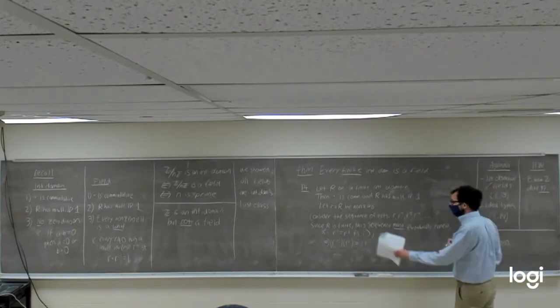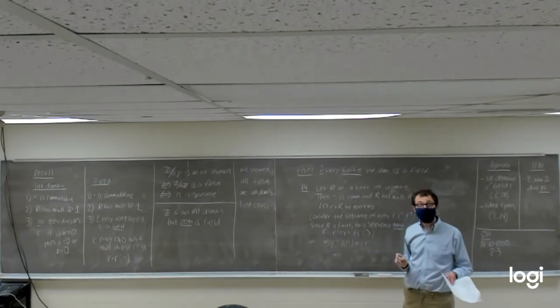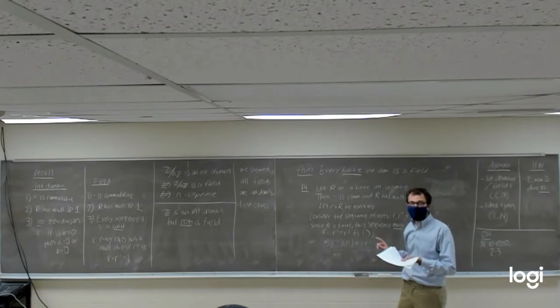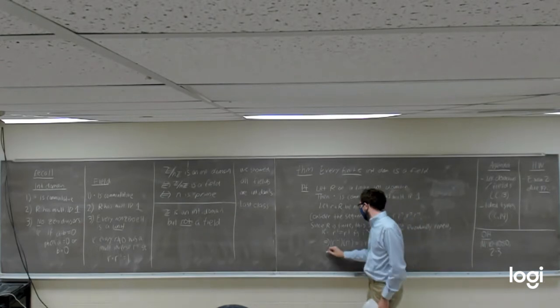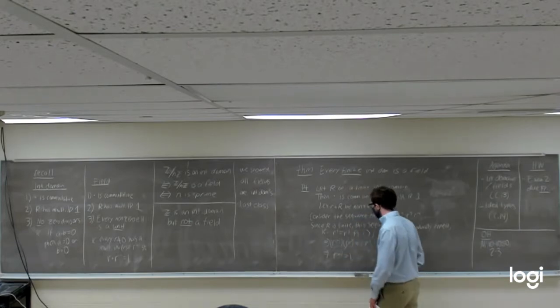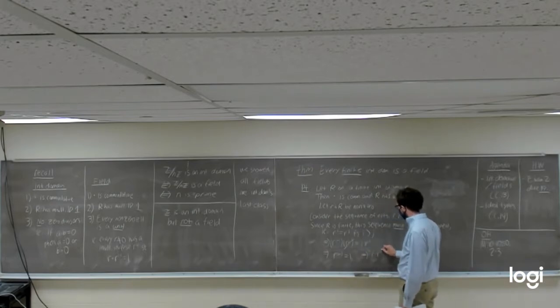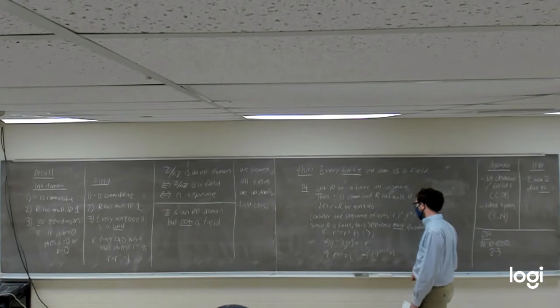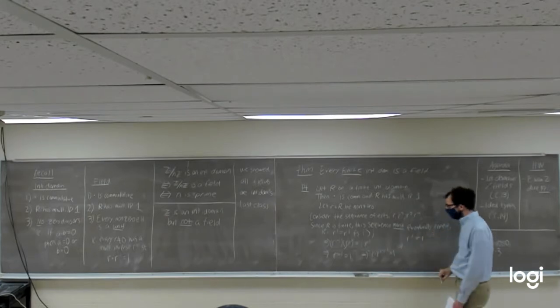So, we know r to the i minus j times r to the j is equal to 1 times r to the j. Since we're working over an integral domain, we have this nifty cancellation property that we just talked about in our lemma that'll tell us we can cross out r to the j from both sides, and we'll be left with r to the i minus j is equal to 1, which in turn will imply that r times r to the i minus j minus 1 will be equal to 1, and so r inverse will be equal to r to the i minus j minus 1.